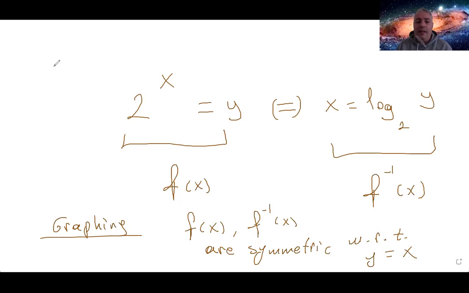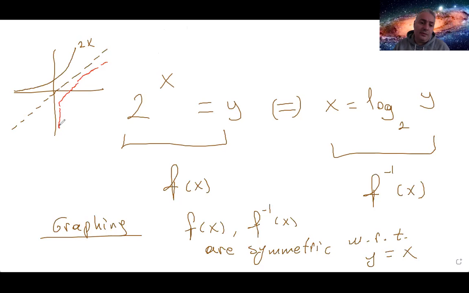What I mean, if I draw, this is the graph of 2 to the power of x, its inverse, which I can call logarithmic function, would be this. The graph is this. So let me maybe draw better.